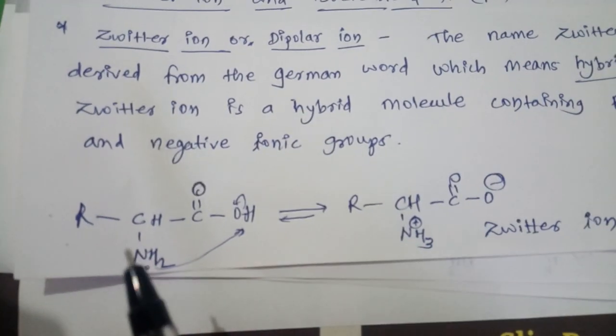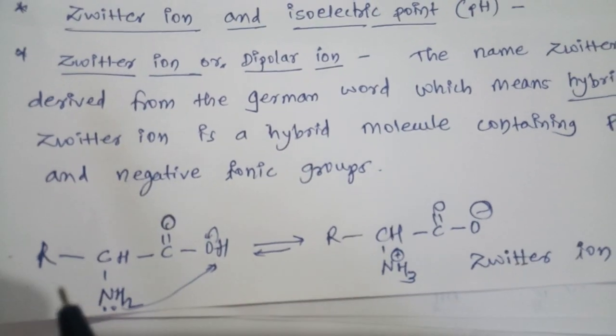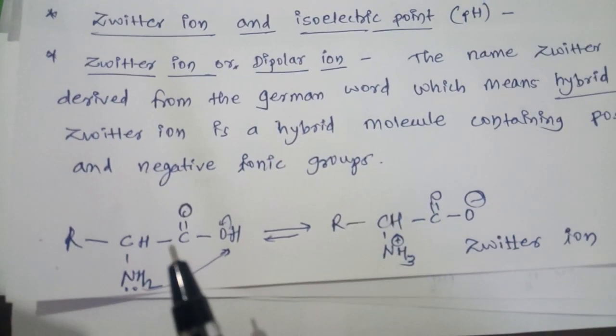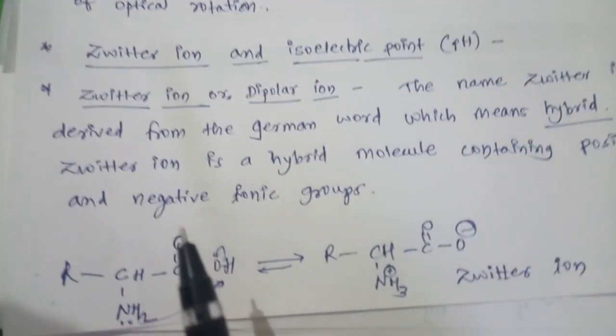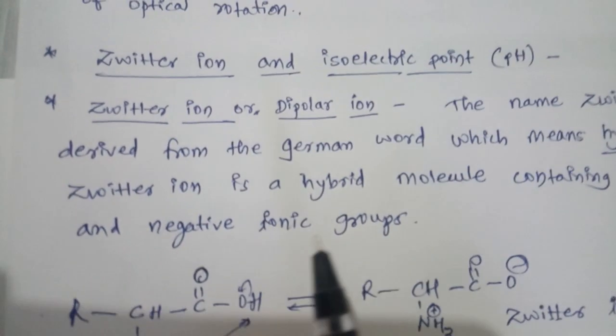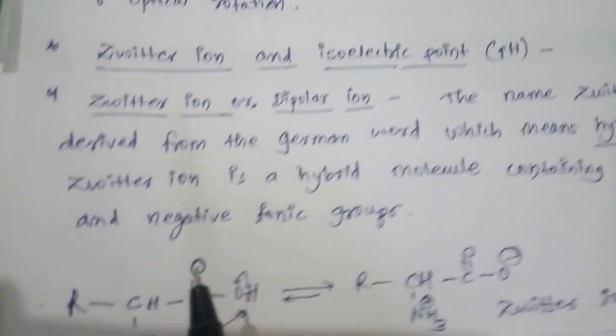Now here is the example of an amino acid, the general structure of the amino acid. In the first class I said that amino acids mostly exist in the ionized form in the biological system.